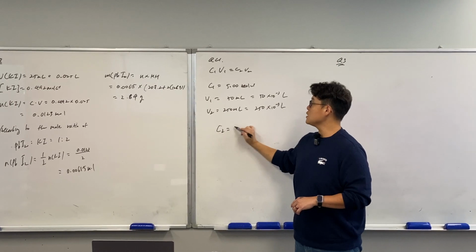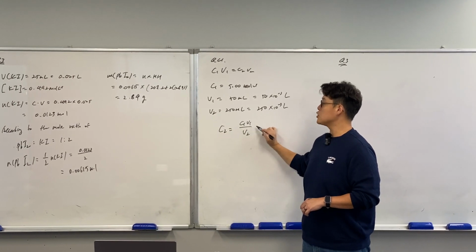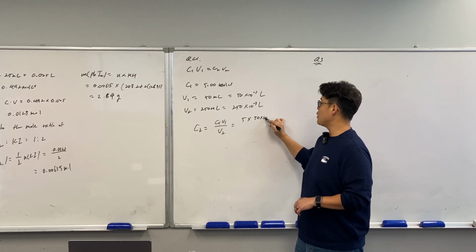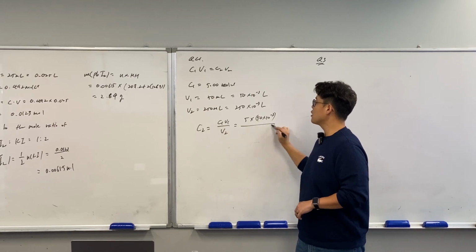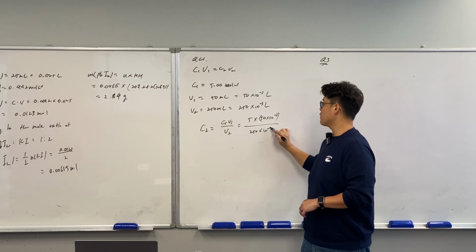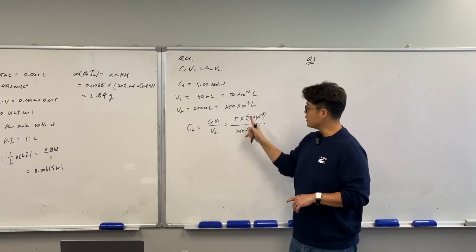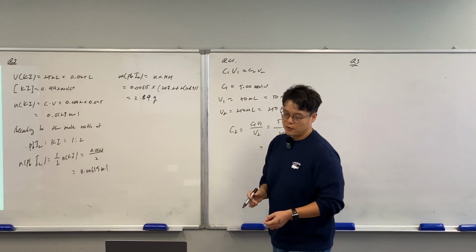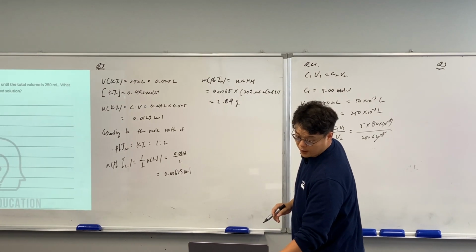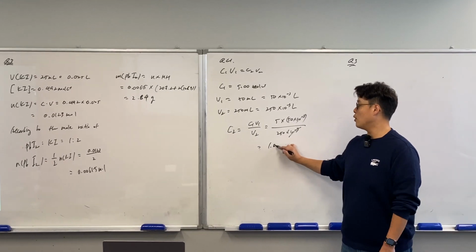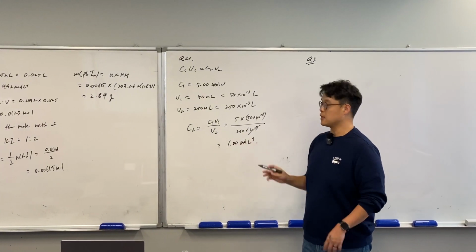So C2 is C1V1 divided by V2: 5 times 50 times 10 to the power minus 3, divided by 250 times 10 to the power minus 3. These two cancel, so you get the same answer even if you use milliliters. The final result is just 1.00 mole per liter.